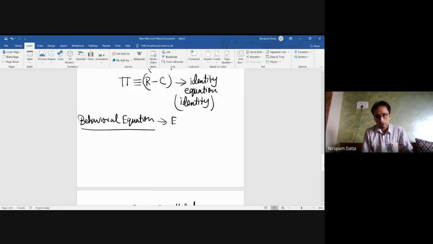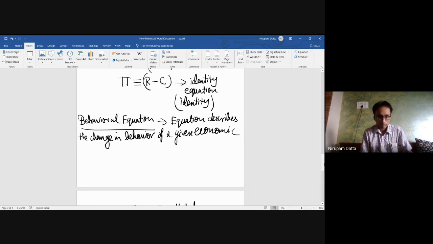A behavioral equation is an equation that denotes or describes the change in behavior of a given economic variable in response to changes in other economic variables.